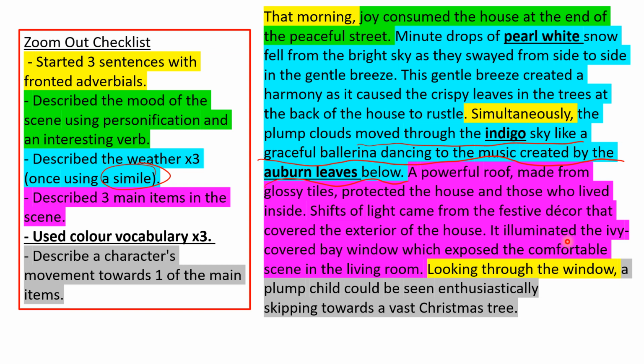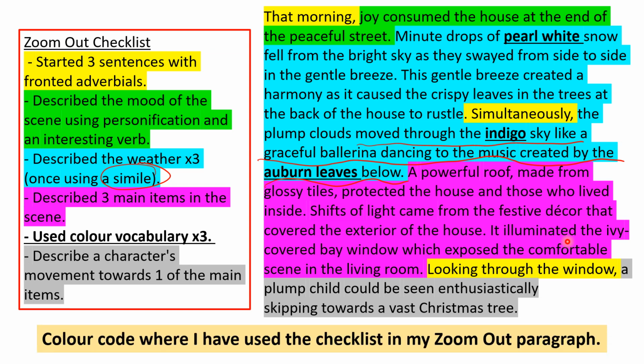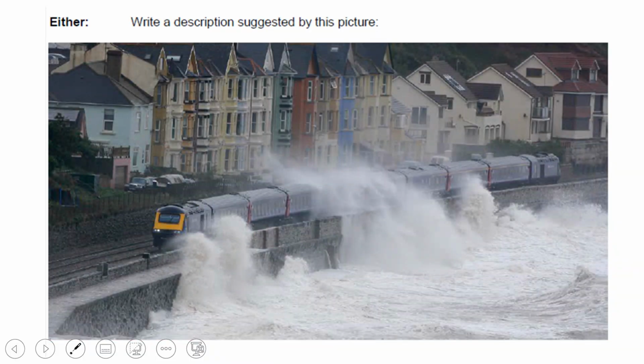Okay, so now what I would like you to do is we're going to plan each paragraph as we talk about the models for the paragraphs that I have written. Now, your plan for your question 5 is going to be based on this picture, which is from an old language paper 1.